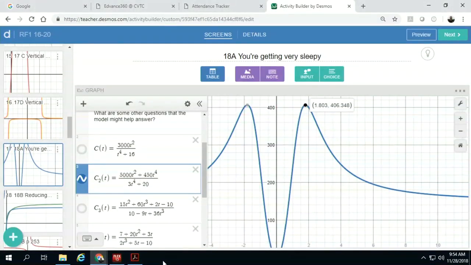And what is that maximum concentration? 406 nanograms per milliliter.